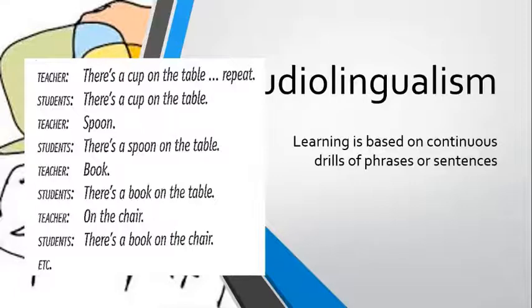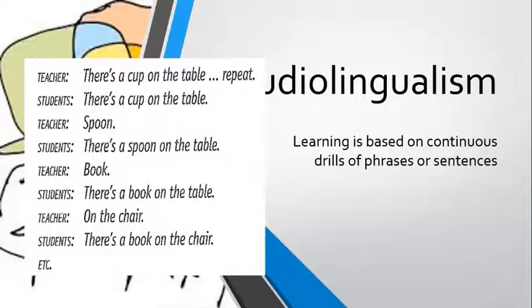And then the teacher will say, on the chart. This section is a little bit tricky because the student has to analyze that it is not just one word, it is on the chart, and where they have to place it. Most of the time they make many mistakes, but of course the teacher will correct them and provide the correct way to do it, and the student will do it really well the next time.